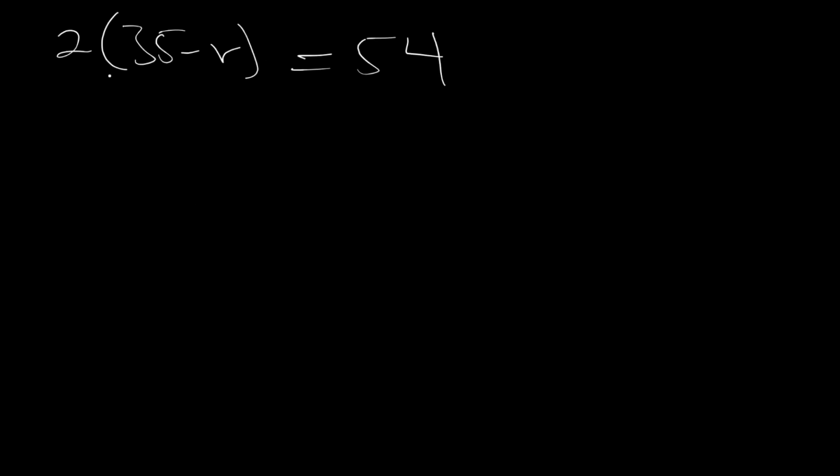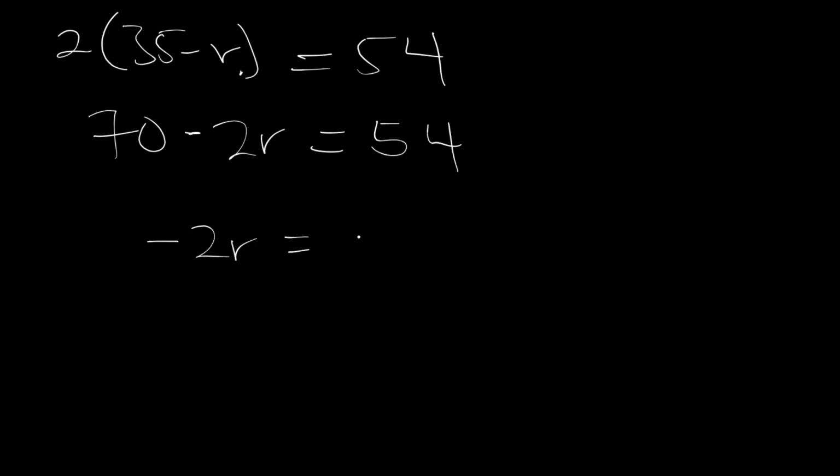So 2 times 35 we have 70, and 2 times R we have minus 2R is equal to 54. So grouping like terms, we have minus 2R is equal to 54 minus 70. We have minus 2R will be equal to minus 16.